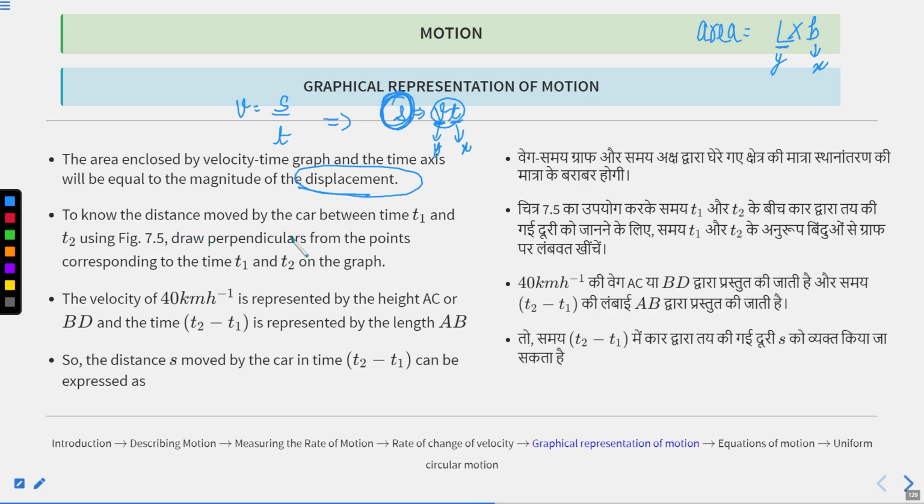To know the distance moved by the car between time t1 and t2, this is a uniform motion graph. If you want to know how much distance the car has covered between time t1 and t2, just find the area. We know the velocity is 40 kilometer per hour.